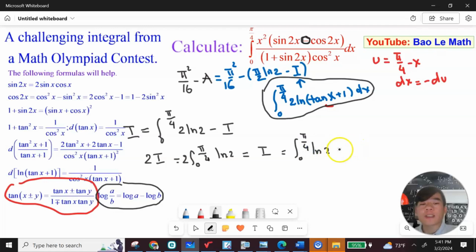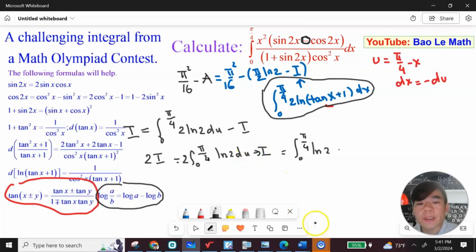I forgot this is du. Du or ds, it doesn't matter, it's just a variable. So I equals this one, du.